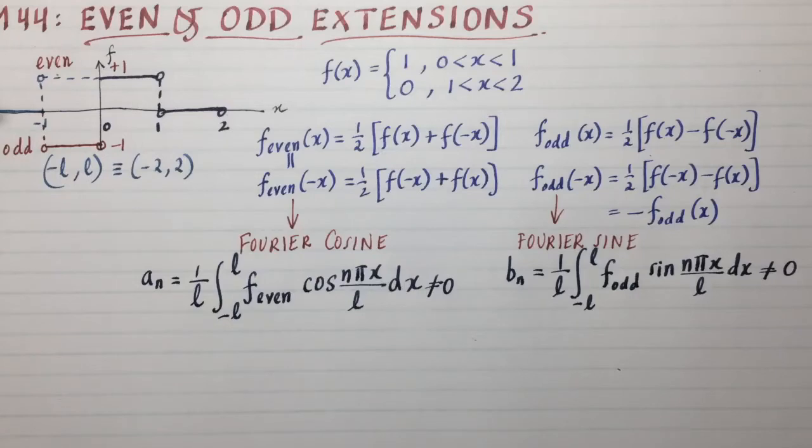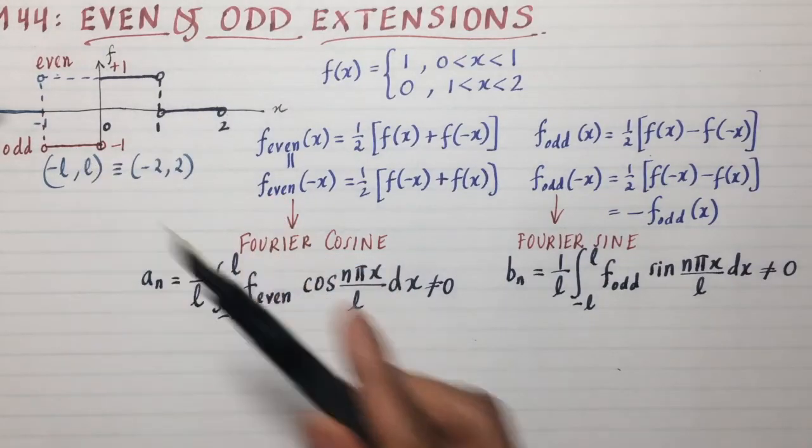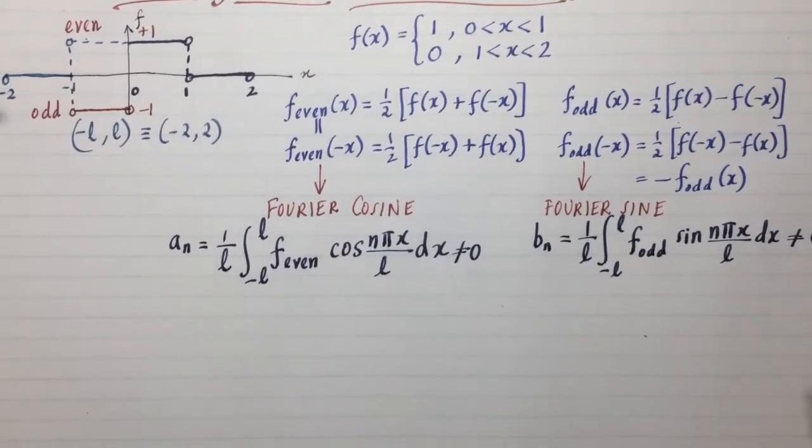All right, now let us go ahead and try to execute our plan. I'm going to find now the odd extension of this function as defined above in the figure.